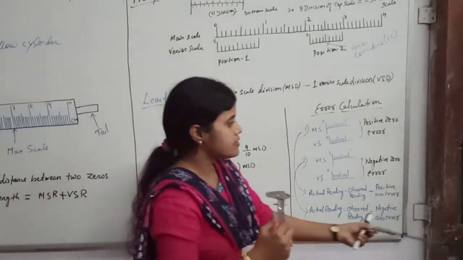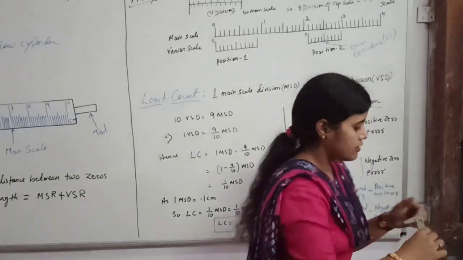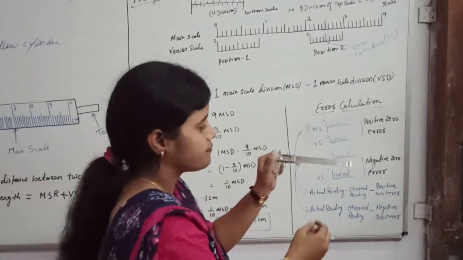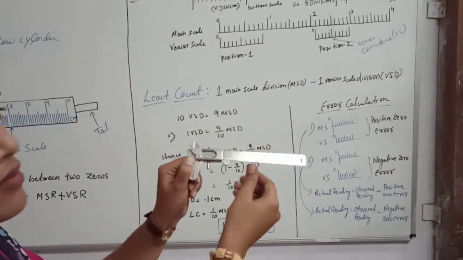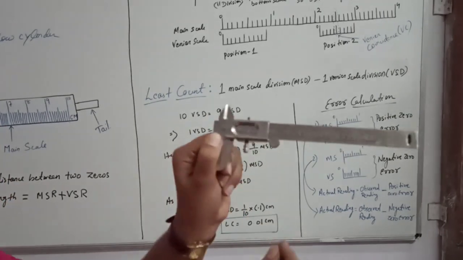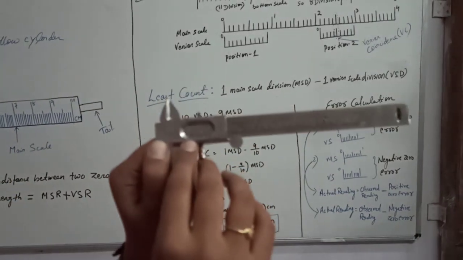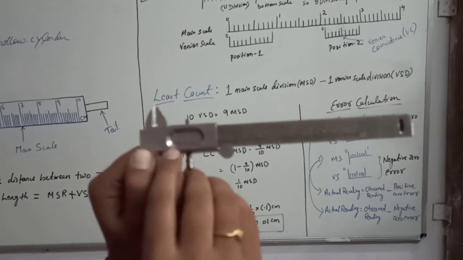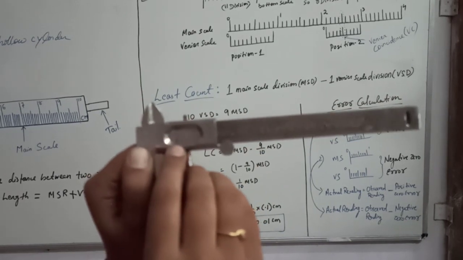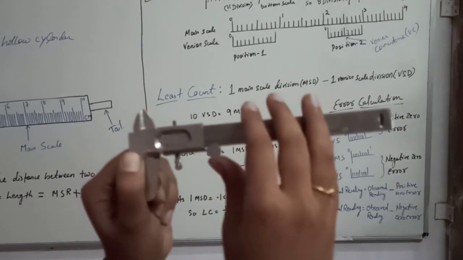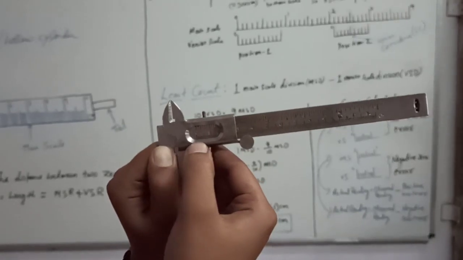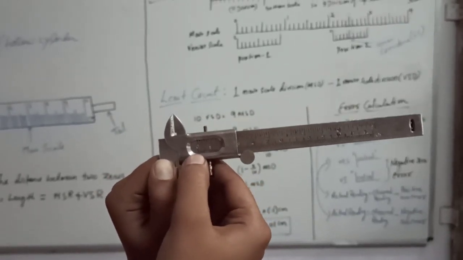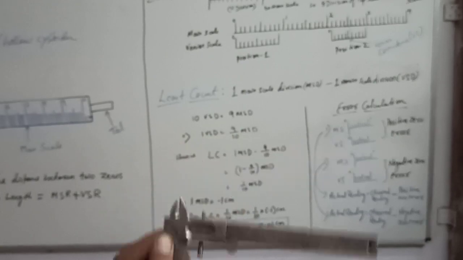You can see this instrument contains positive zero error. You can see the zero of this vernier scale is not coinciding with the zero of this main scale.